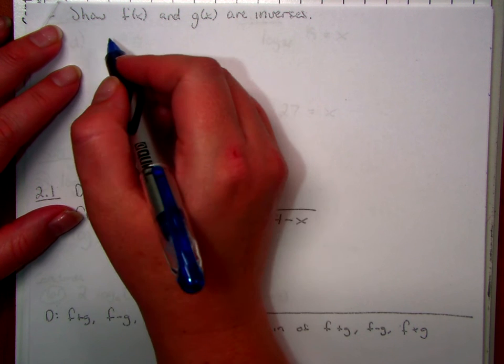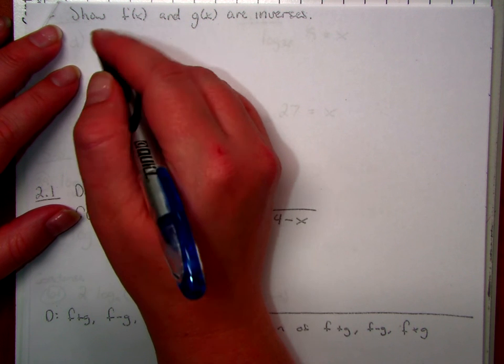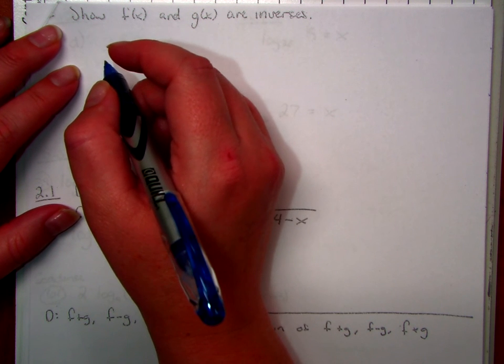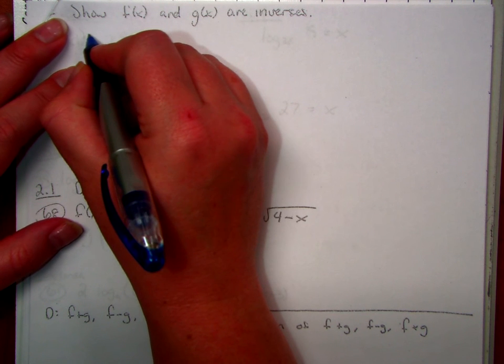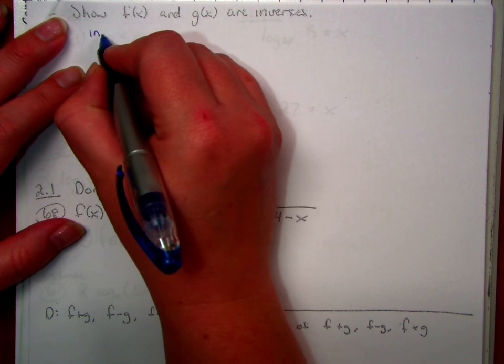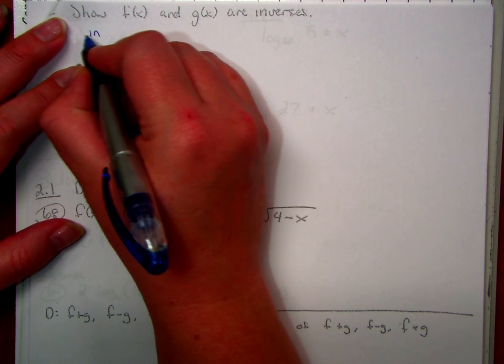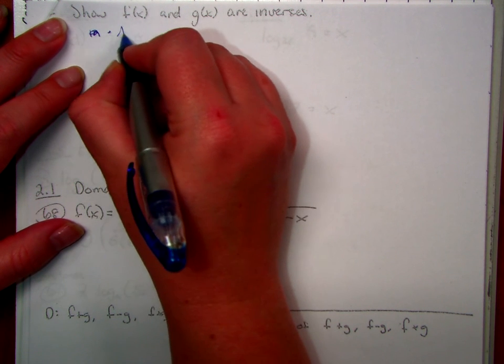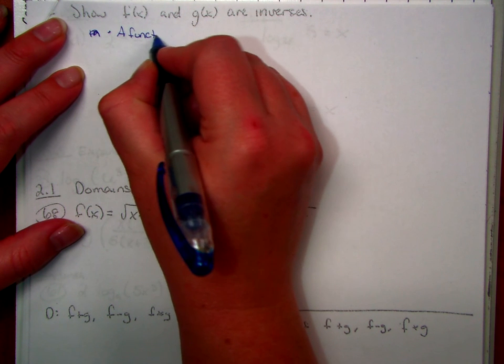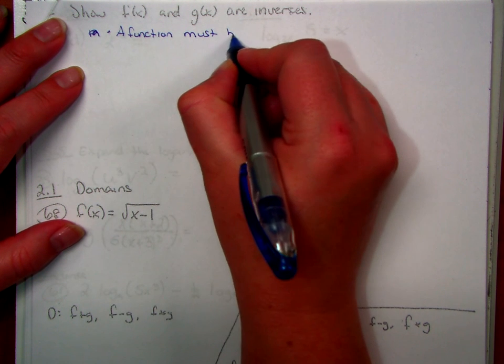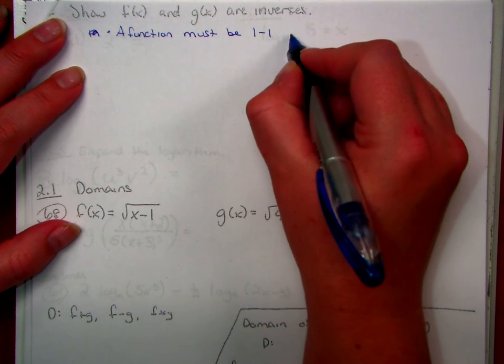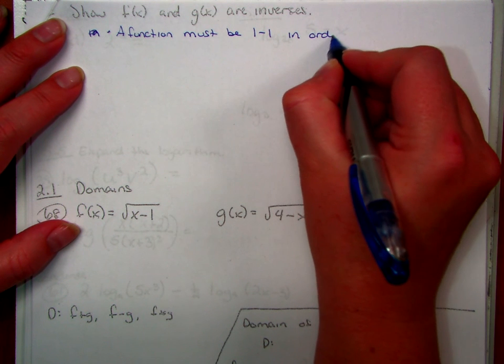So first, when we went over inverse functions, we talked about the fact that they have to be one-to-one, okay? So inverse, let me just write it, okay? A function must be one-to-one in order to have an inverse.